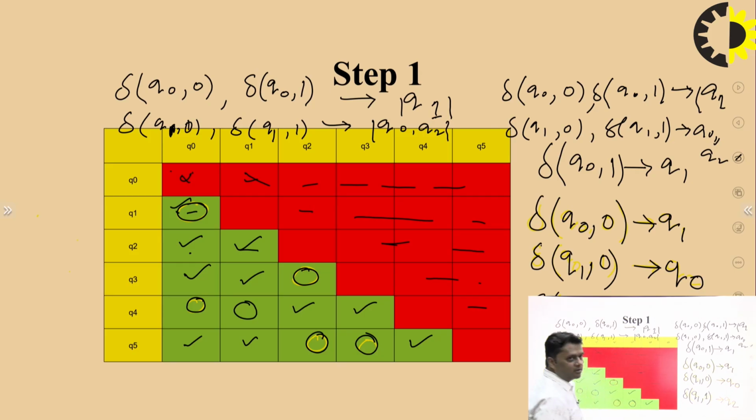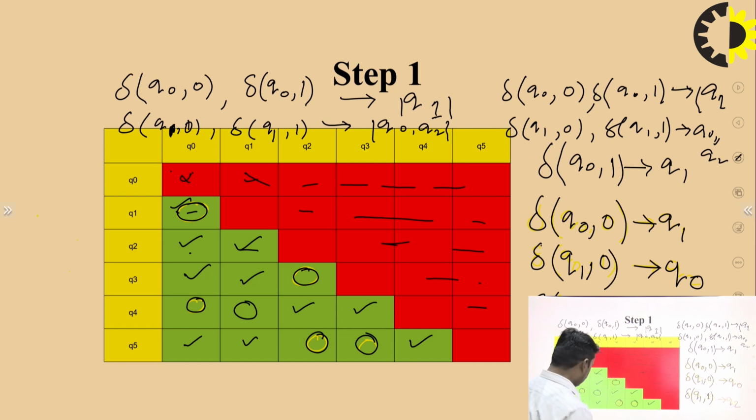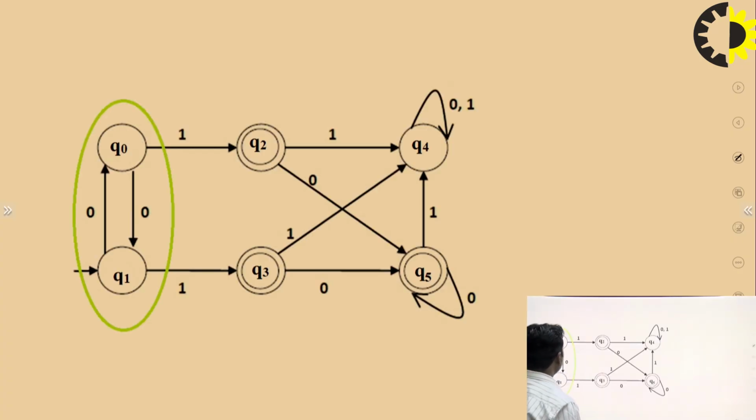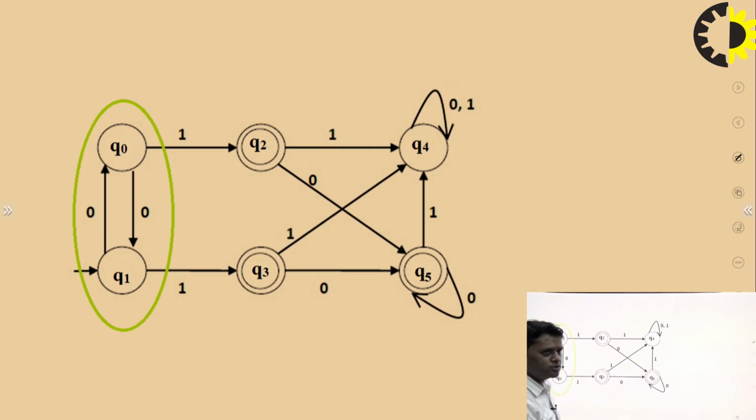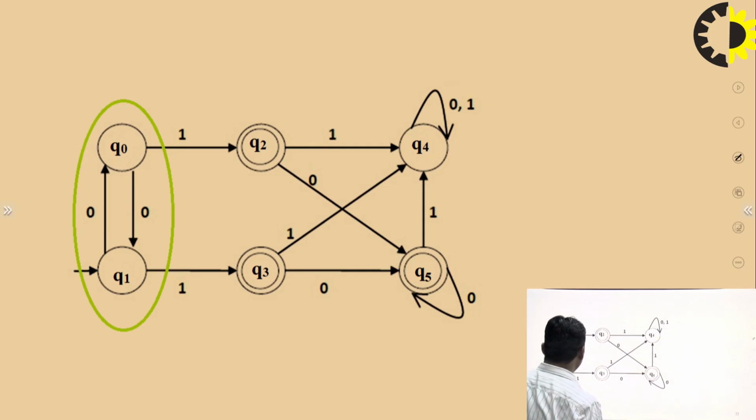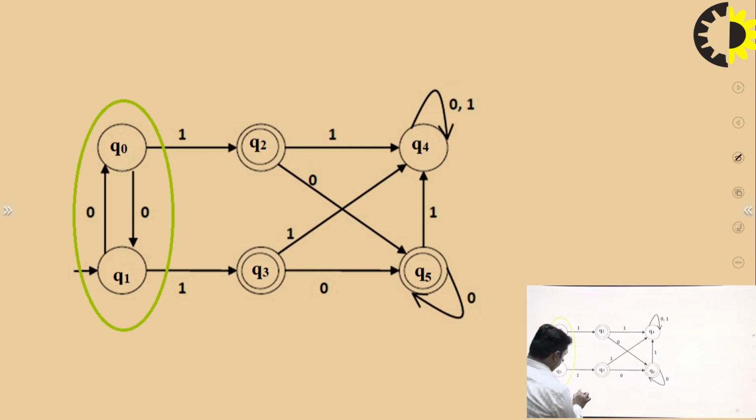At the end, we are left with those unmarked pairs only that we consider for our minimization diagram. After this, we get the combination of unmarked pair Q0 Q1. Q0 Q1 will be an unmarked pair in the table.